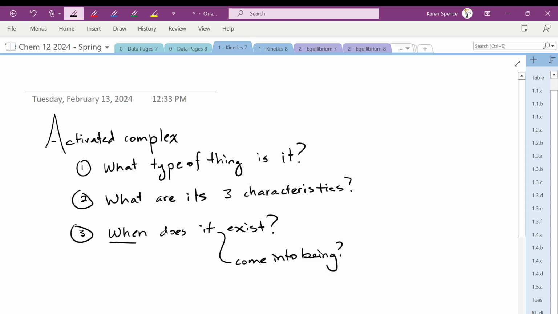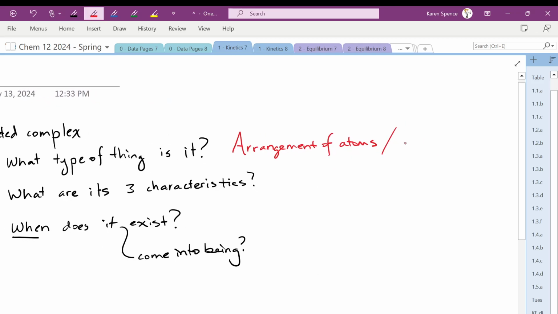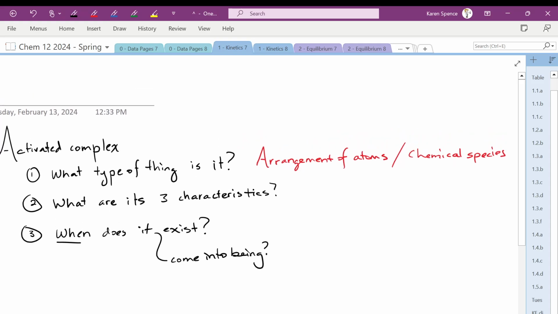What type of thing is it? An arrangement of atoms, or chemical species. Okay, so that's what type of thing it is. It's an actual thing. It is not a moment in time. It is not an amount of energy.